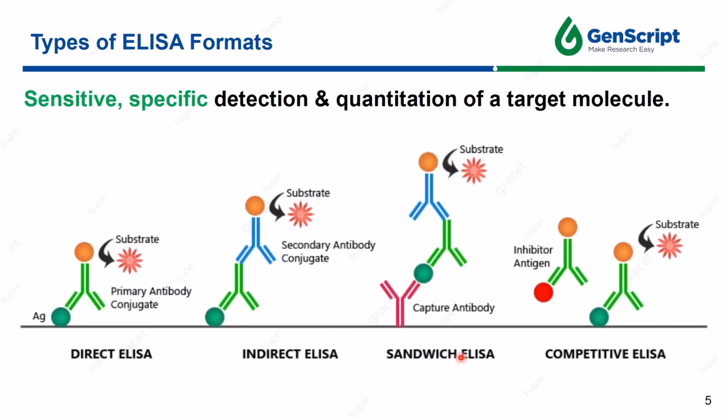Here, the basic ELISA procedure involves plate coating, blocking, washing, and signal generation and measurement. In general, the ELISA has four formats. First is the simplest format, direct ELISA. In the direct ELISA, the antigen is immobilized in the well of an ELISA plate.